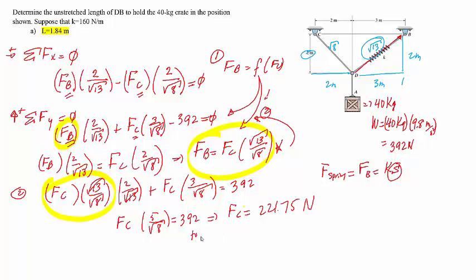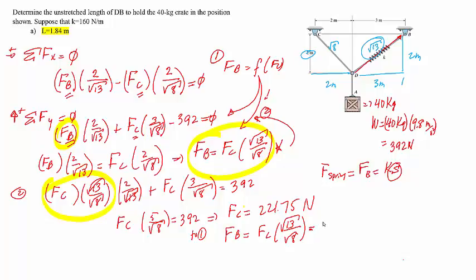to 1 again, and then calculate FB, which is FC. Now I could have calculated directly the FB. I just wanted you to see the different ways we can do it.